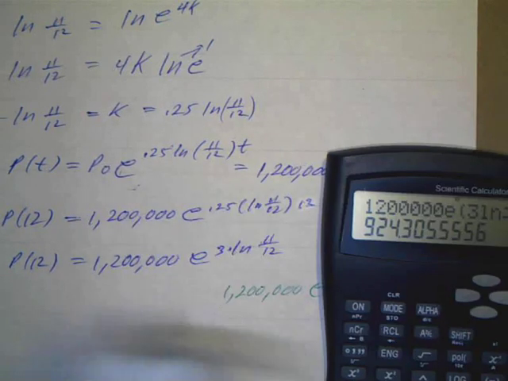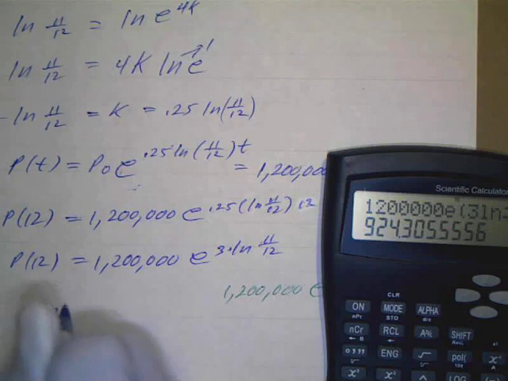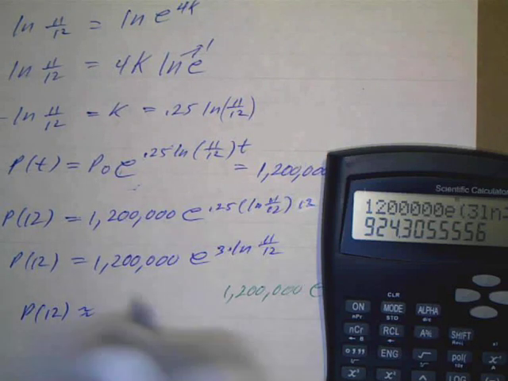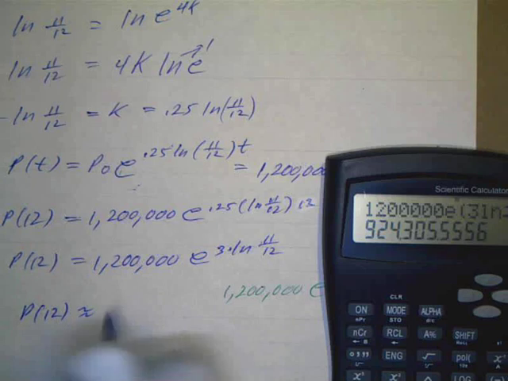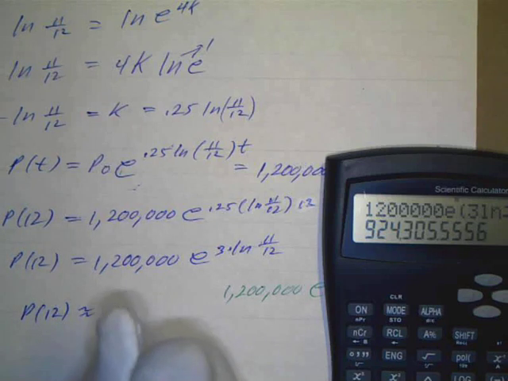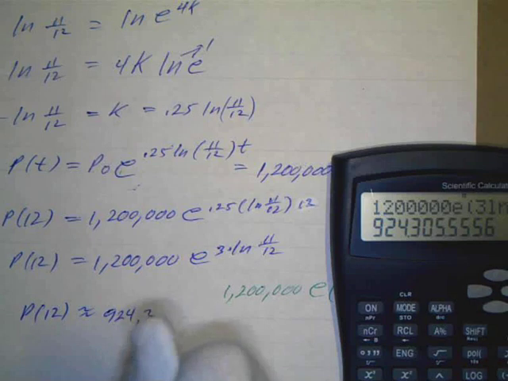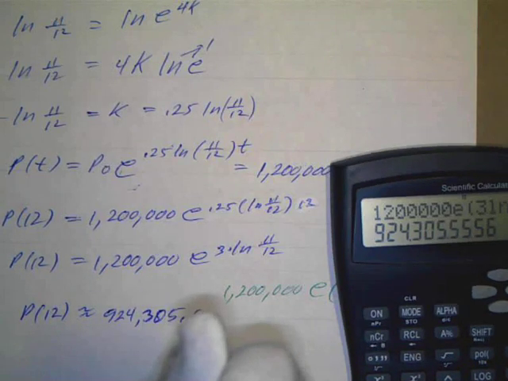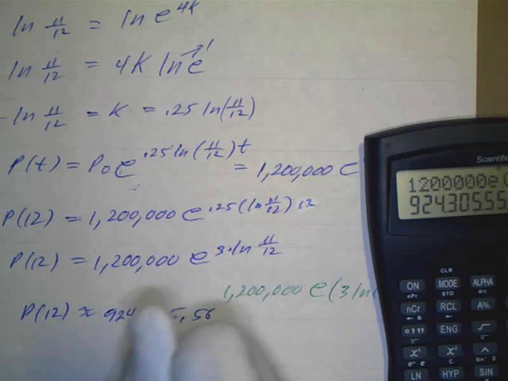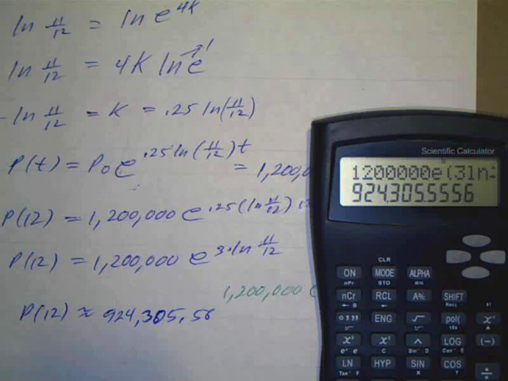So the population P of 12 is approximately 924,305.56 people. See it over there on the right. Okay. So that's not too bad.